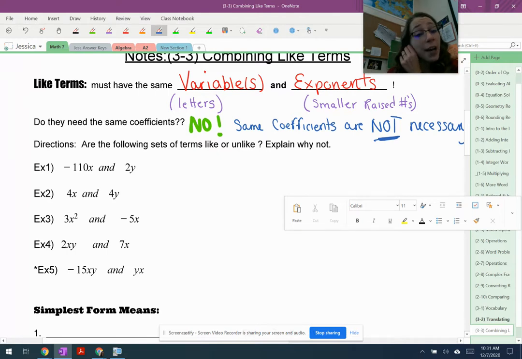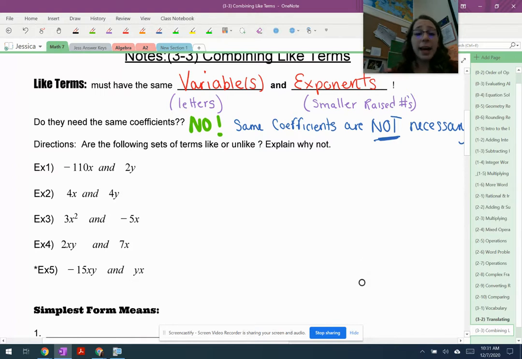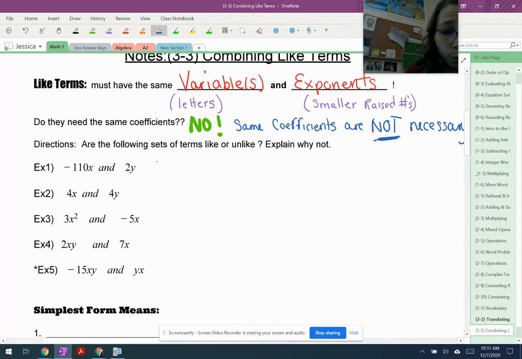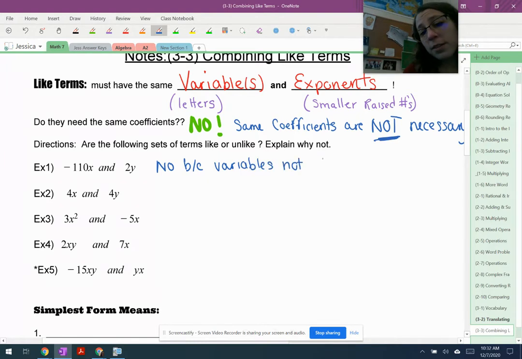Well, they do have the same exponents. Each, that x and that y, they both have a 1 on them, but they are not the same variables. They do not have both an x or both a y. So are these like terms? No, because the variables are not the same.